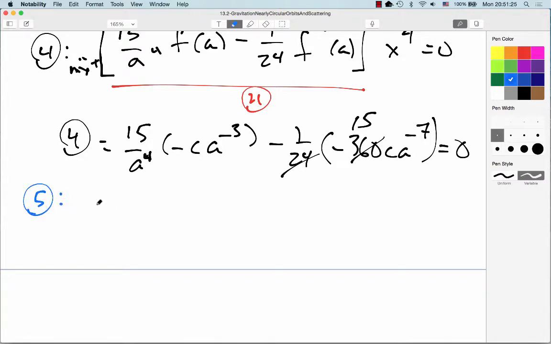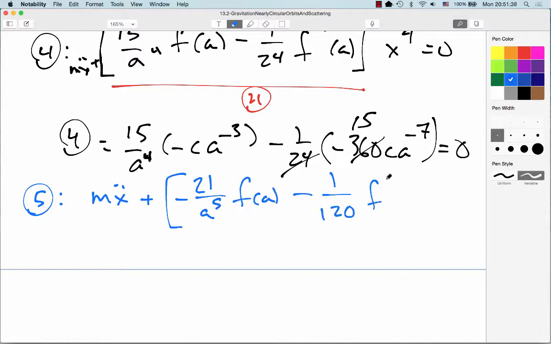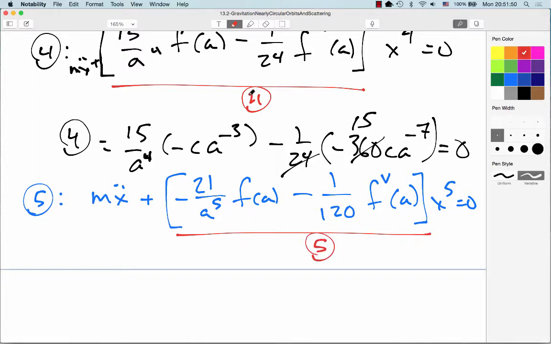So let's go to the fifth term in the bracket. So all the previous terms drop, so we now are left with an mx double dot plus a negative 21 over a to the 5th f of a minus 1/120th times the fifth derivative of a times x to the 5th, and we demand that be 0. And this whole thing right here is our term number 5.